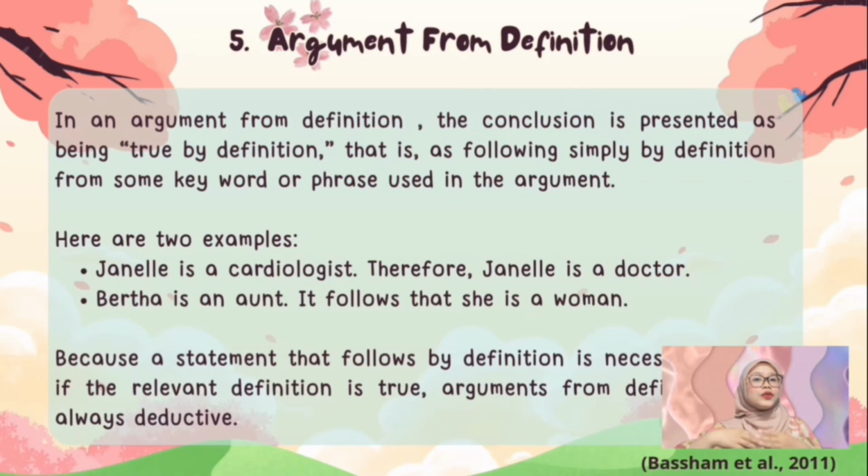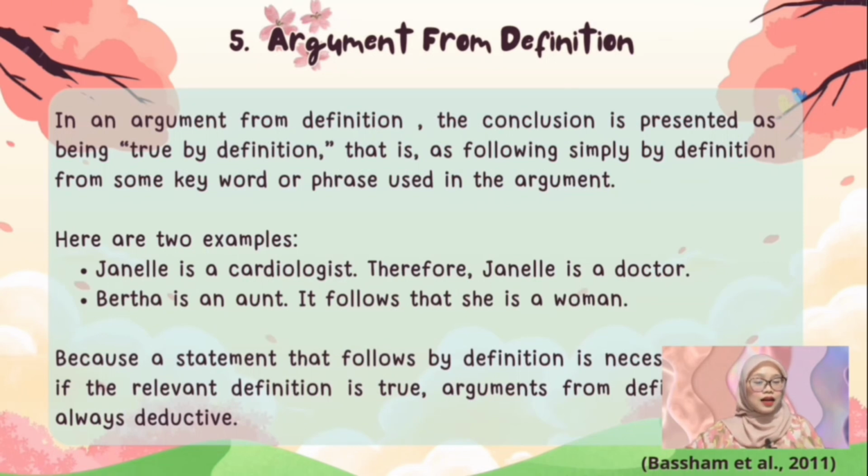So, here are the 2 examples. Janelle is a cardiologist. Therefore, Janelle is also a doctor. Second one, Bertha is an aunt. It follows that she is a woman. So you can see the clear picture of it. Janelle is a cardiologist. A cardiologist is basically a doctor.